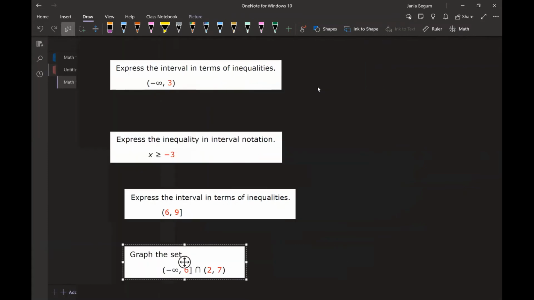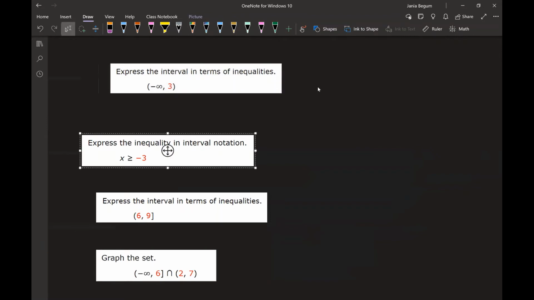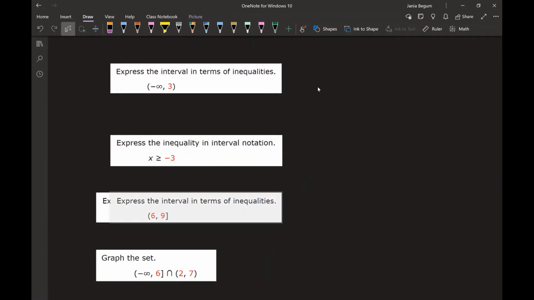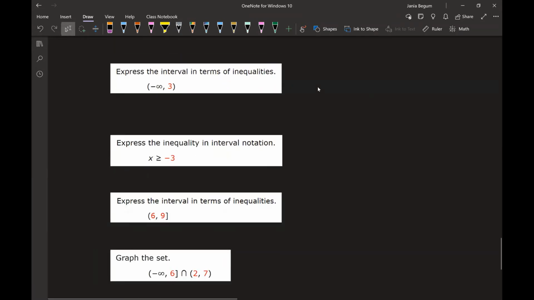Okay, so I'll give you guys 2 minutes to work on these. You can draw the sets on the real line if that helps you to understand them better, but you don't have to draw it if you don't want to, unless the question says to draw, then you have to draw it. So let's call this 1, 2, 3, 4. Okay, so take 2 minutes, work on it, and then we'll go over it together.